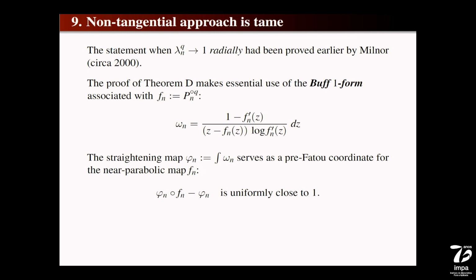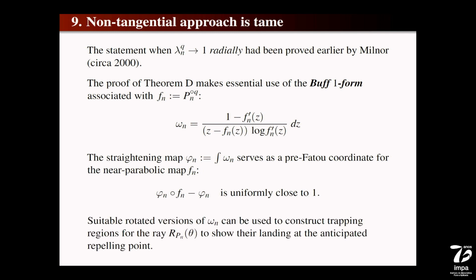This is a multi-valued function, so you have to work on a Riemann surface. There are singularities, so when you go around them, you have monodromy. But when you compute this multi-valued function on an iterate and subtract the multi-valued function, you get rid of the ambiguity. So this difference is well-defined, holomorphic, single-valued, and it's very close to 1 in a neighborhood.